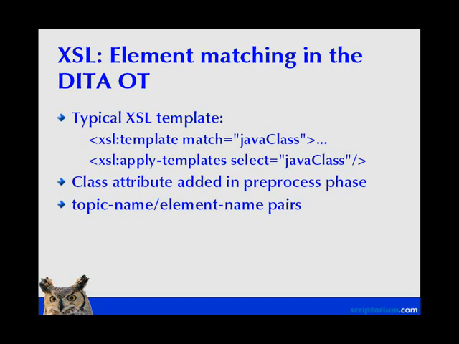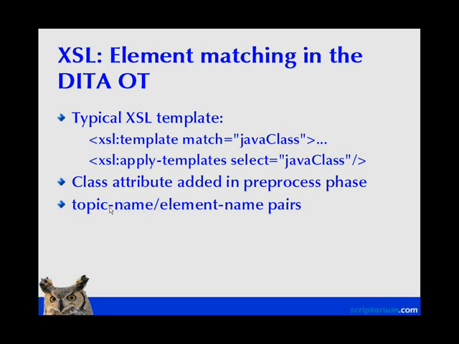In this pre-processing phase, a class attribute is added to every element in your document, and the class attribute specifies essentially the inheritance history of each element. For instance, for a task topic, the class attribute says this is a task topic, but it also inherits behavior from topic, the generic topic.